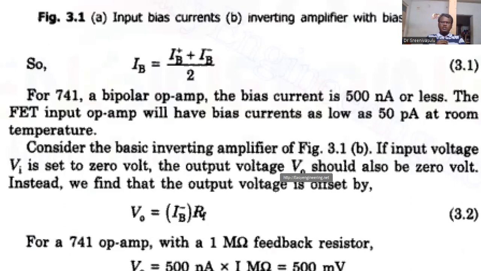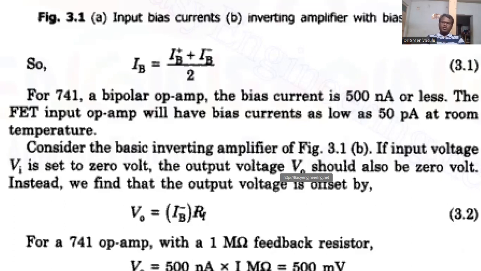Well, coming to the standard 741 IC, which we will also see in the laboratory for analyzing this op-amp, the 741 IC is a bipolar op-amp. Usually, op-amps are designed in both transistor and FET versions. Here we are assuming the 741 IC with bipolar transistors. The input bias current is 500 nanoamperes or less.